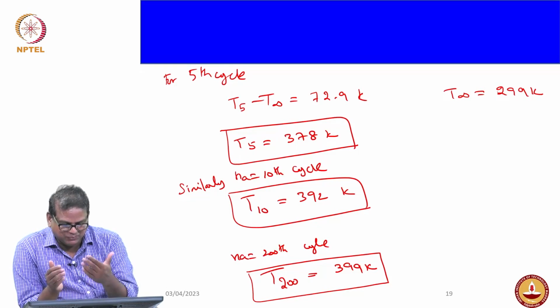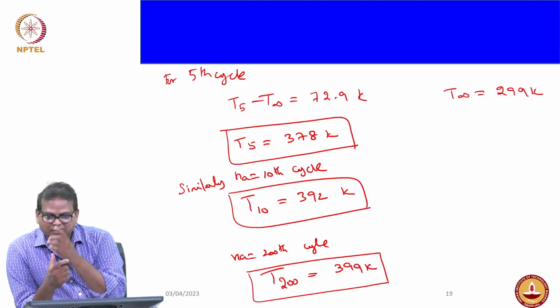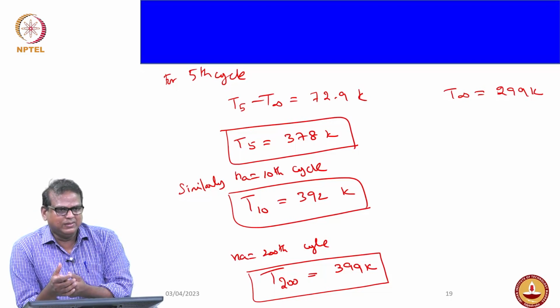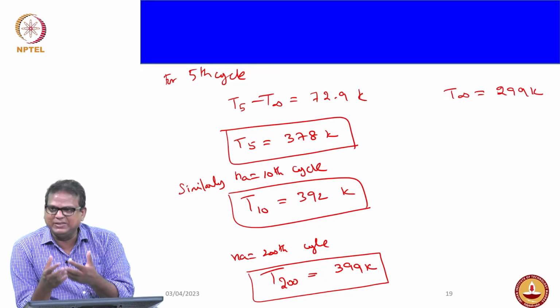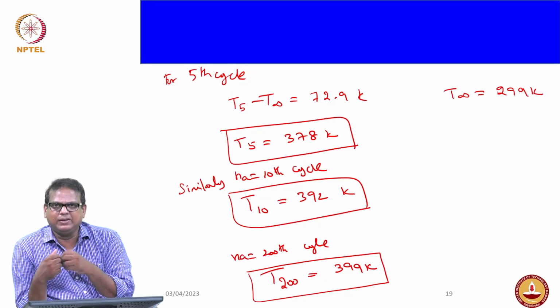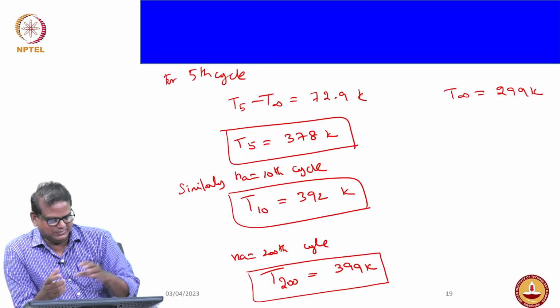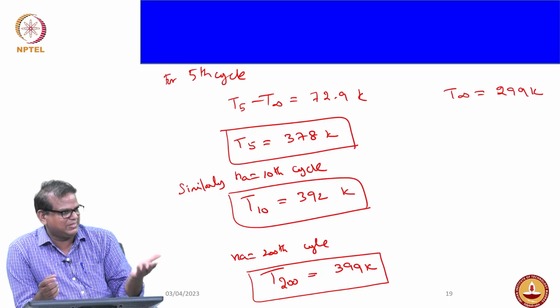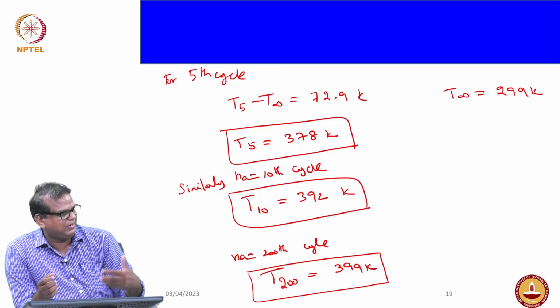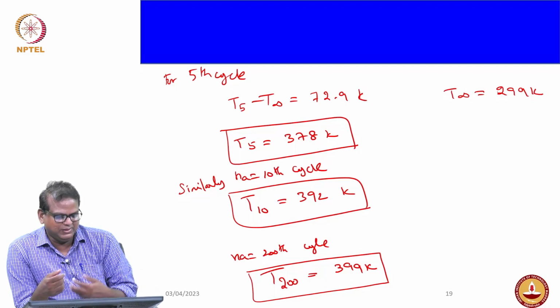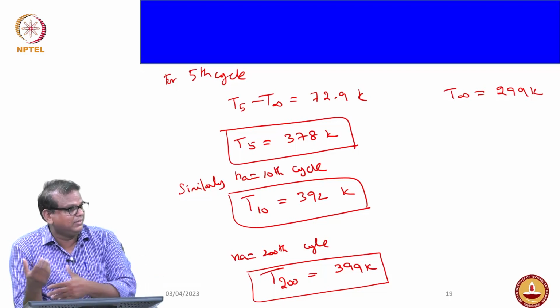Remember the gap between the 10th cycle and 200 cycles. So what is that gap? Only 7 Kelvin is the difference. In other words, the maximum temperature of the brake is not observed, it is achieved within the first few cycles. Am I right? For T5 I have already reached 378, the 10th cycle 392 Kelvin, only shy of 7 Kelvin for 200 cycles.